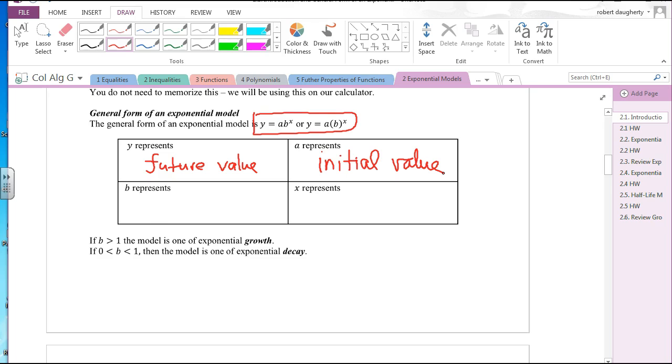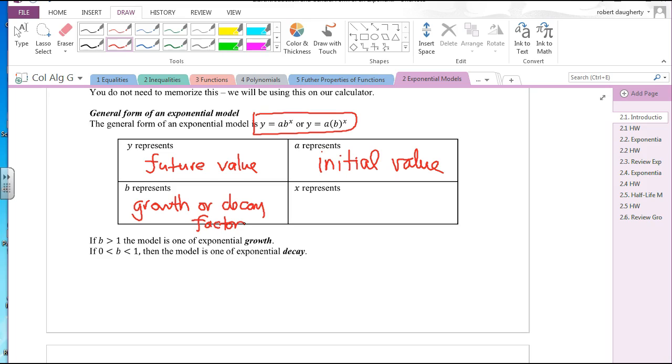b is going to represent something called a growth or decay factor. If something is doubling every year, is that growing or decaying? If something doubles every year, growing. If something is cut in half every year, what is that doing?